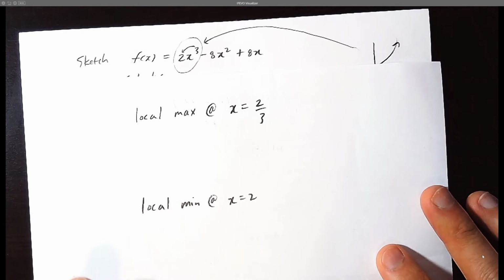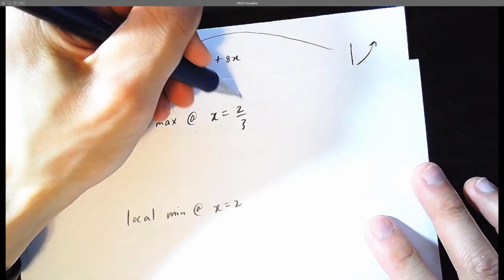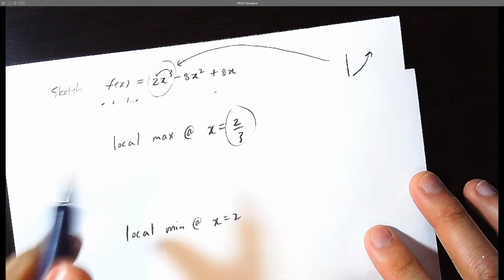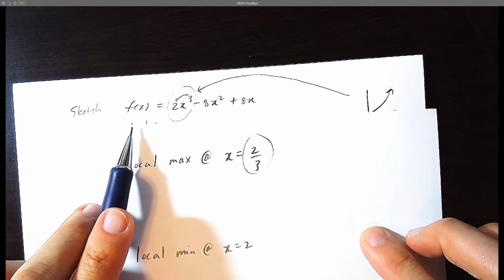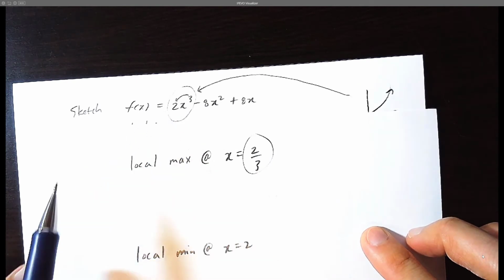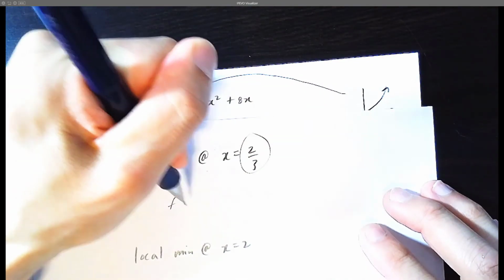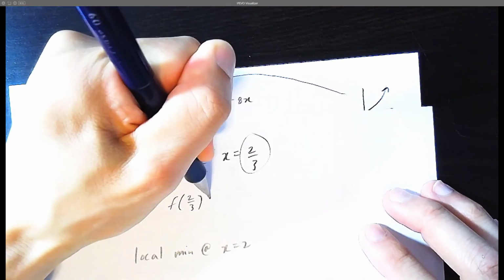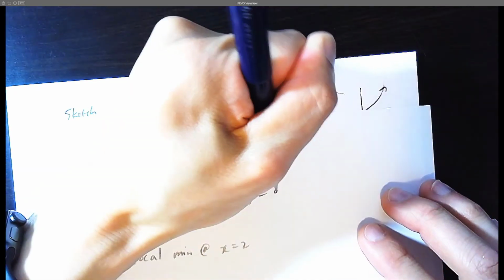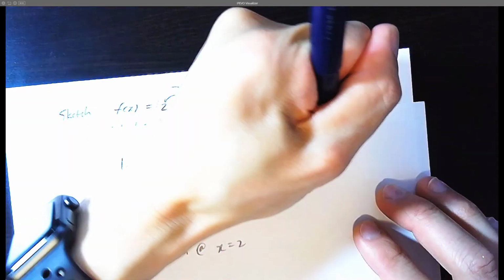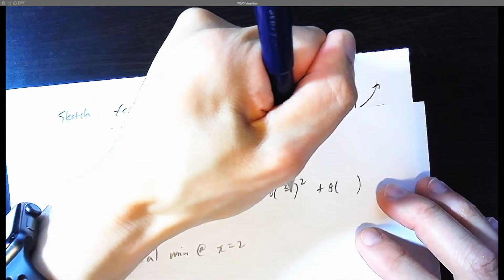Now what if you want to actually find the coordinates of the max and the min? This is where you need to substitute this value back into the original function, not into the derivative, not f prime of x, but into the actual f of x formula, because we're interested in the actual value. So f of 2/3 is equal to 2 something cubed minus 8 something squared plus 8 times that something, and that something happens to be 2/3.